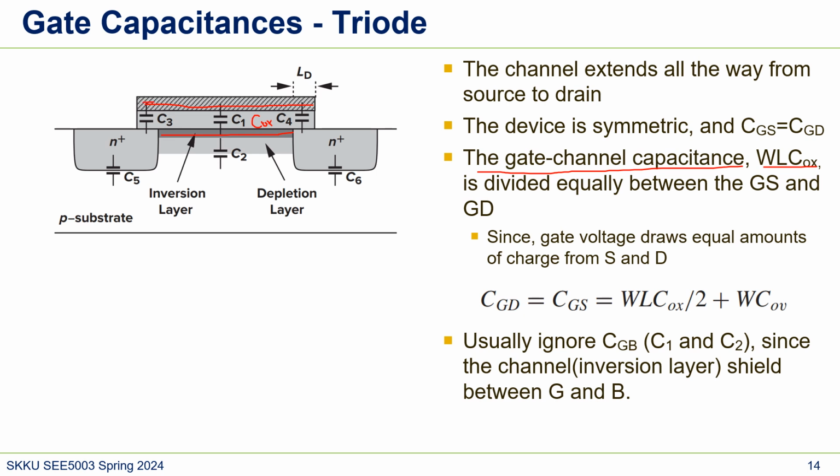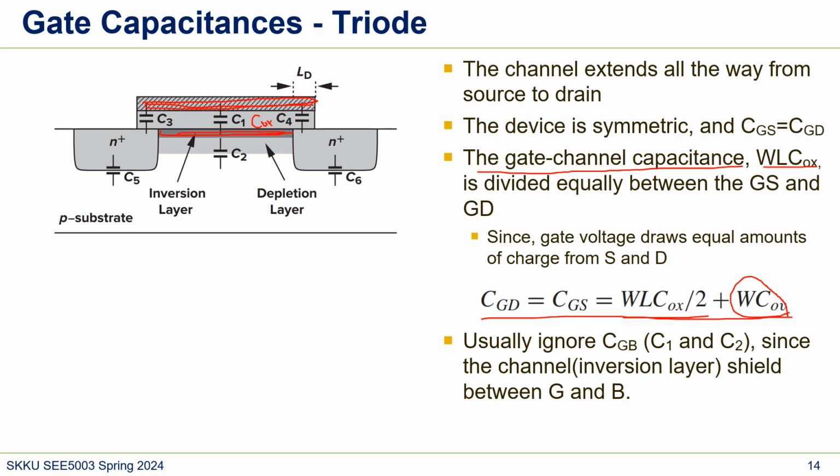As I said, gate channel capacitance means the gate conductor and the channel conductor. And this is equally divided between GS and GD. So CGD and CGS become their original overlap capacitance, plus they share the gate capacitance.